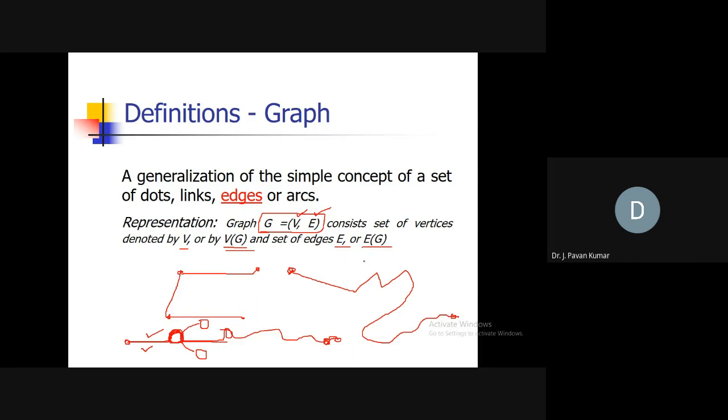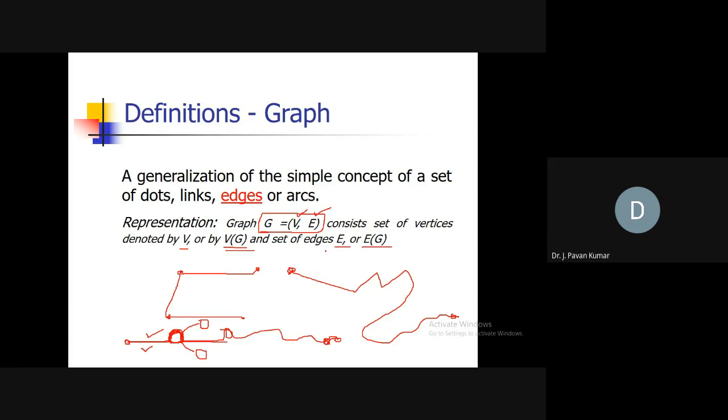Otherwise you can define G1 = (V1, E1) and G2 = (V2, E2). Like that you can differentiate one graph from another in notation.